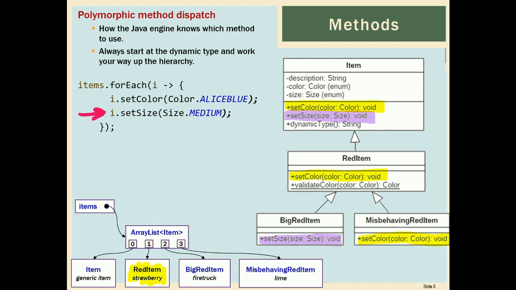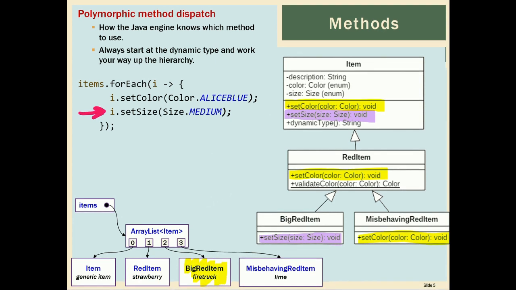So again, it would go to its dynamic type. It does not see a set size, and it moves up and uses the set size method of item. As we move to the big red item, it again dispatches to the dynamic type, and here it finds the set size method and runs it.